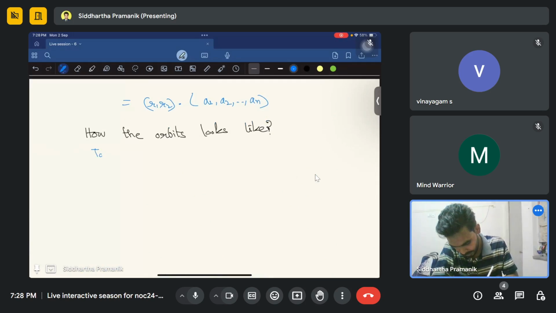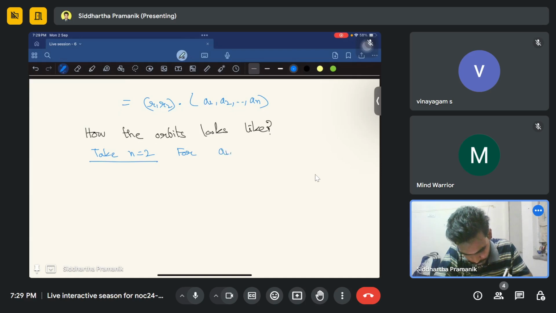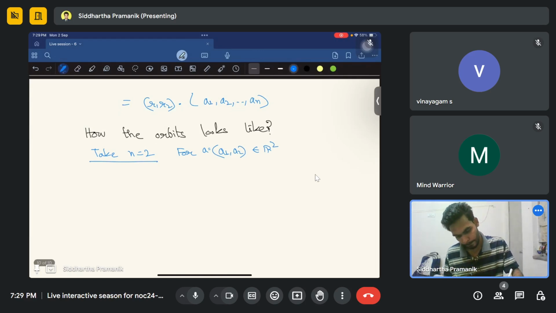So take n equals 2. Now for a point (a1, a2), let's say it is a, belongs to R2. What is the orbit of a? The orbit of a is denoted by O subscript a.